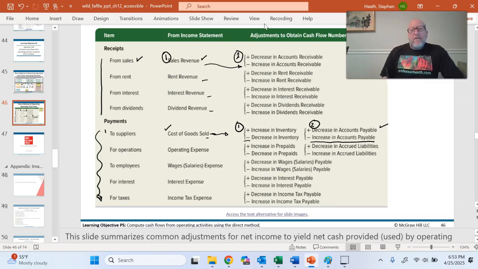Operating expenses, okay. Again, this is a use of cash on the income statement. And then if my prepaids goes up, if there is an increase in my prepaids, it means I'm paying more. I'm paying in advance.